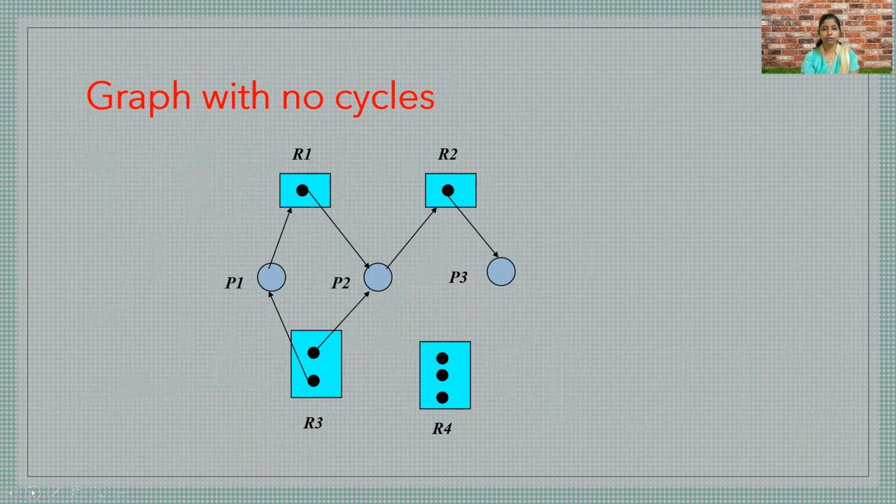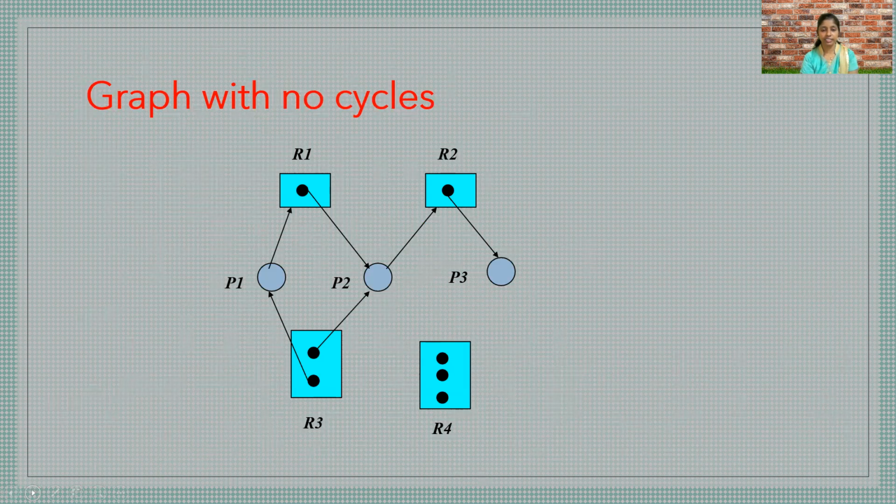From this graph, you can see that P1 is holding an instance of R3 and P1 is waiting for R1, while R1 is held by P2, and P2 is also holding an instance of R3 and still wants to make use of R2. Whereas process P3 is holding on to R2, and 3 instances of R4 are not yet utilized by any of the processes.